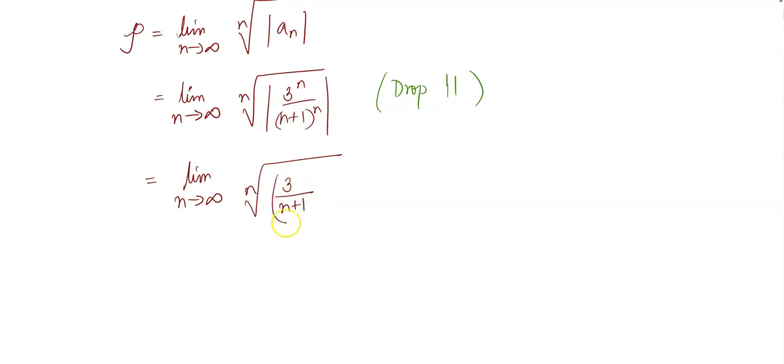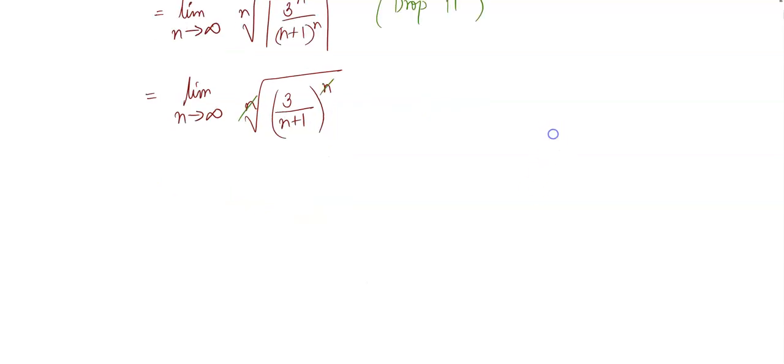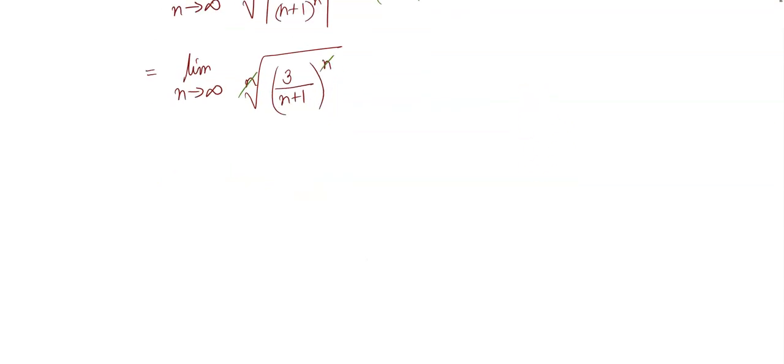We've seen this before, so I'm going to do it in one step, dropping the absolute value bars as well as combining the power n for the common ratio for 3 and n plus 1. And then we know that the root and the power will undo each other. That will leave us with the limit as n approaches infinity of 3 over n plus 1.